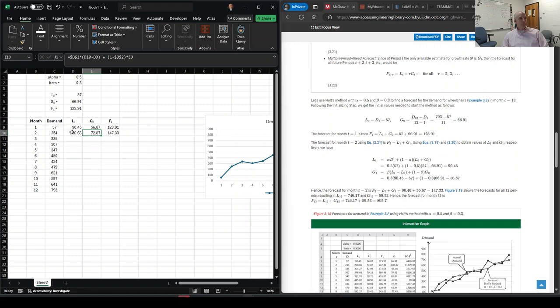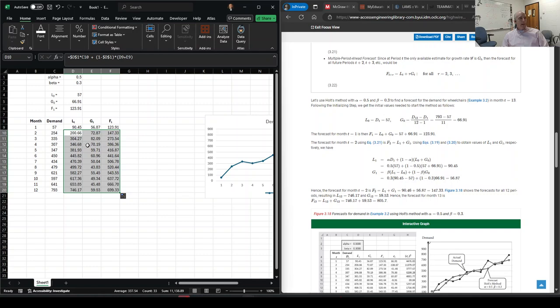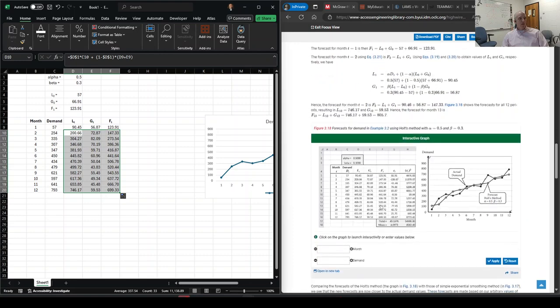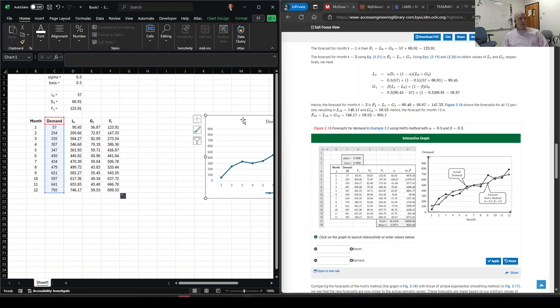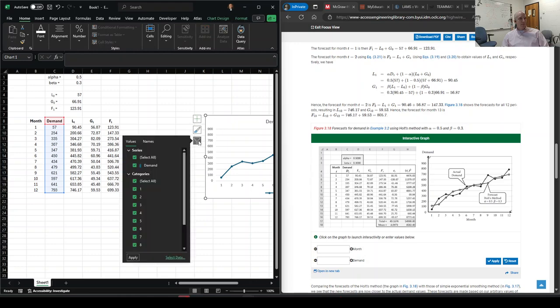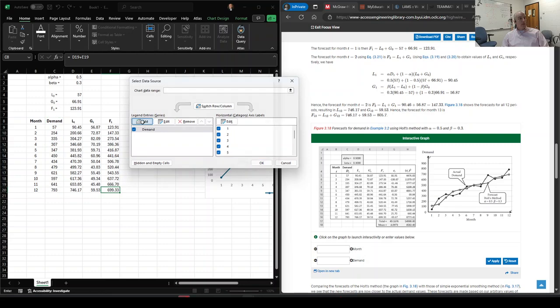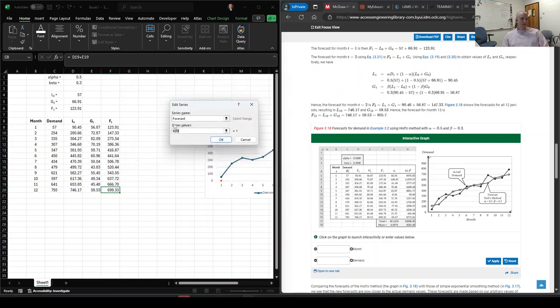So this looks good. Now I believe we can copy these down and see if these match. If we look at the forecast for week 12, the book is 699.33, and we have 699.33. That is a good sign. So what we've done now is we've created a forecast, and we can add that forecast to our chart, and we can get a very close chart to what is in the book.